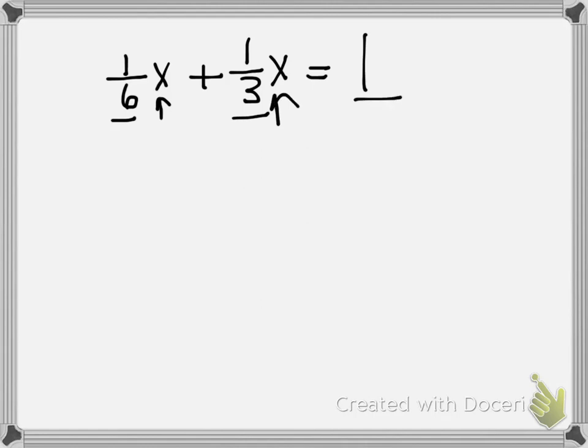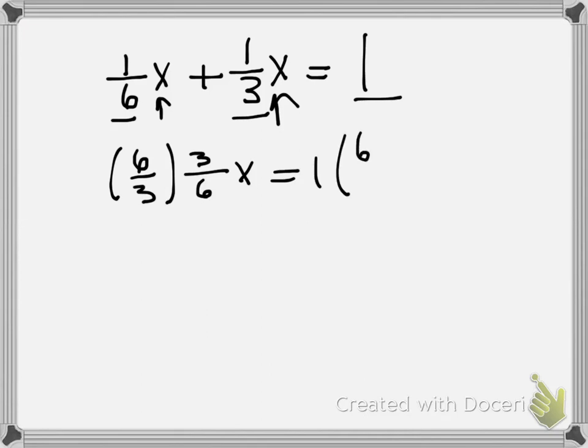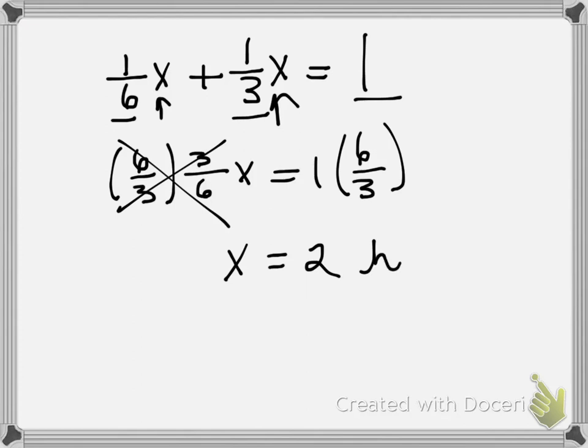Again, we get a common denominator. 1/6 plus 1/3 is still 3/6 x. Now we learned from fractions that we can multiply by the reciprocal. On the left side, 6/3 times 3/6 is 1. And on the right side, I get 6 divided by 3, which is 2. And that tells me it takes 2 hours to complete the lawn.